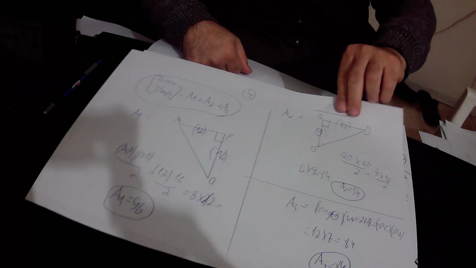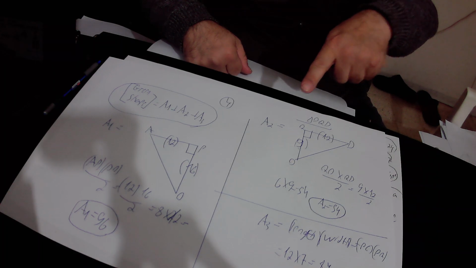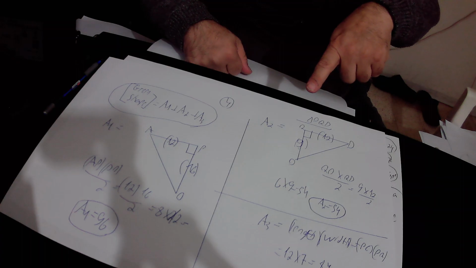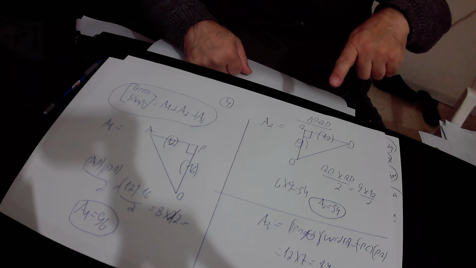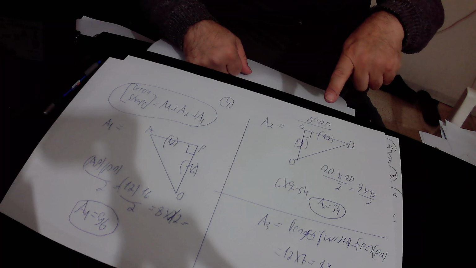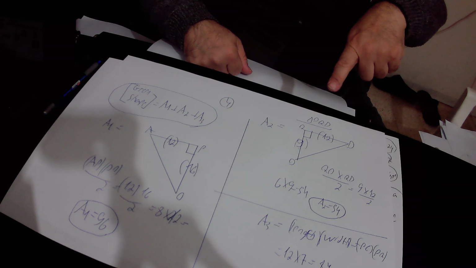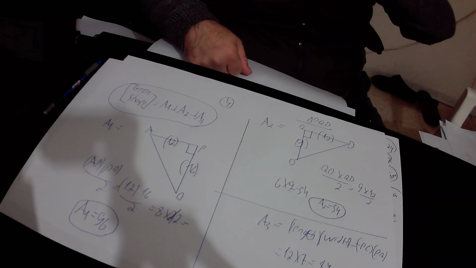Then we found the area of A2. A2 is the area of the right triangle QOD. QD equals 12 units. QO is x, that is 9. So the area A2 equals QD times QO over 2. QD is 12, QO is 9.